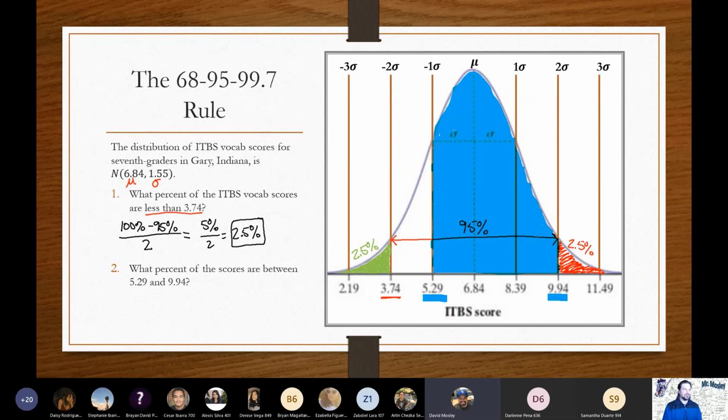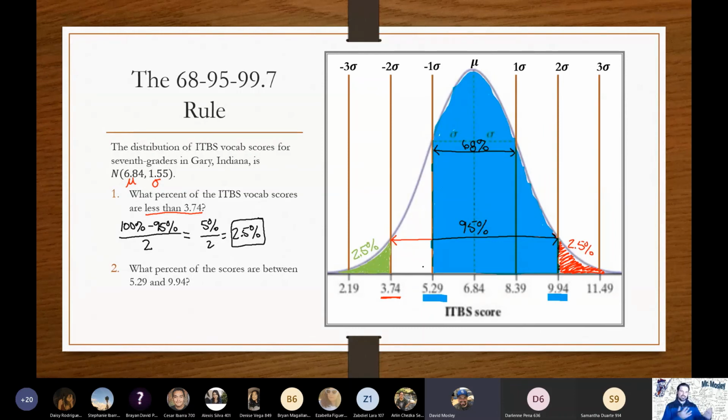Right? I know from here to here, I have 68%. Right? And that's based on that rule. Within one standard deviation, I have 68% of my data. Then I have 95% within 2, but I'm missing part of that 95%.